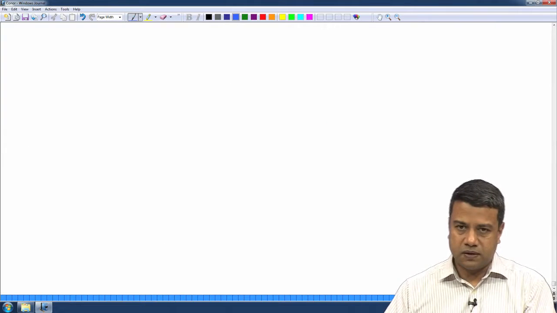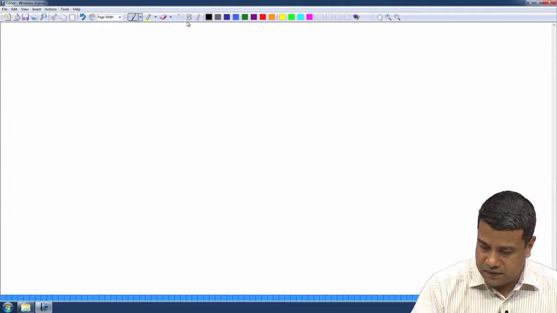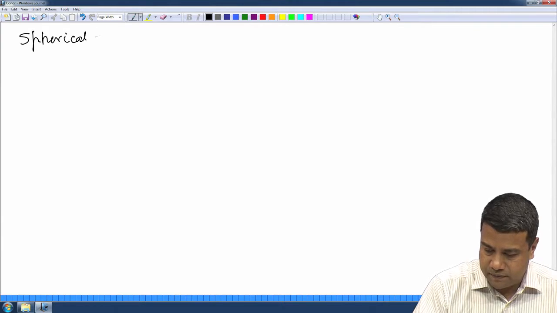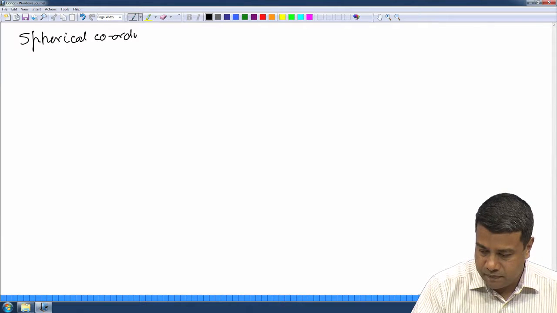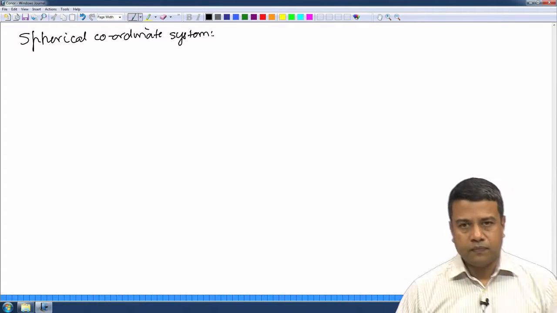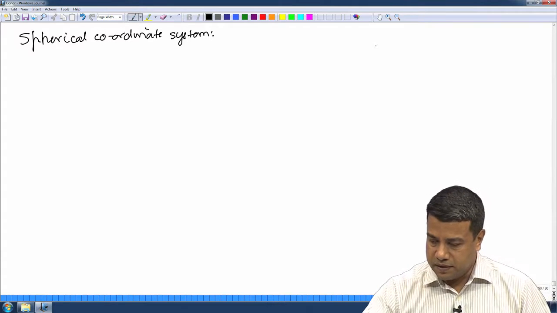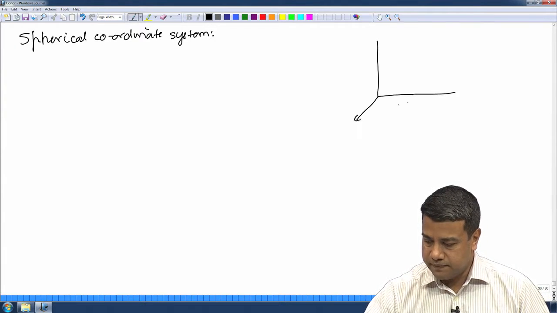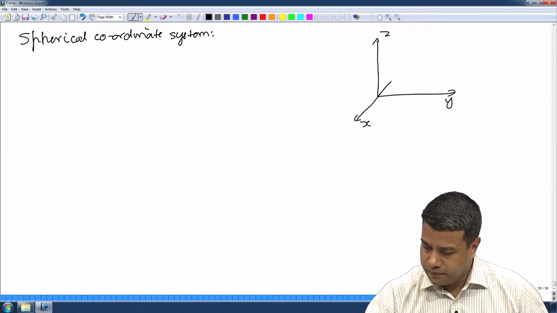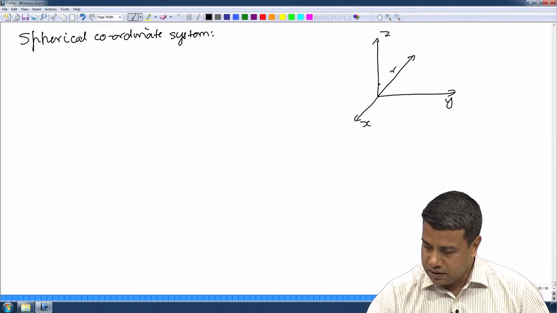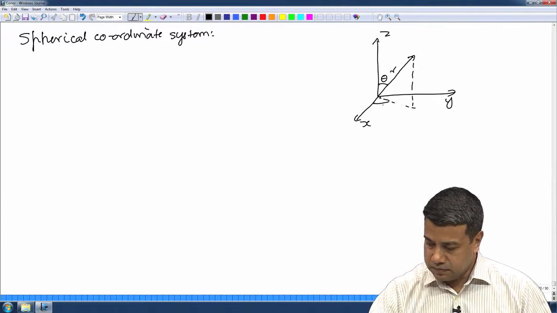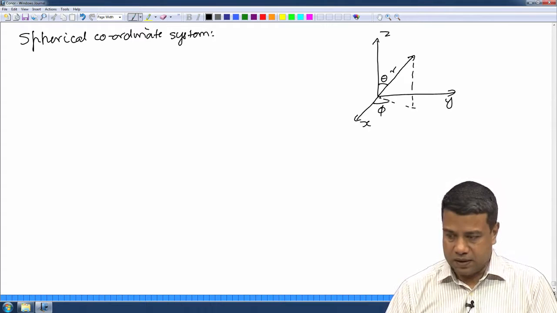Next, I would like to go into solution of some problems in a spherical coordinate system. Recall the differential equation in a spherical coordinate system. The distance from the origin is r, the angle made with respect to the z axis is theta, the angle made by the projection onto the xy plane with the x axis is phi.